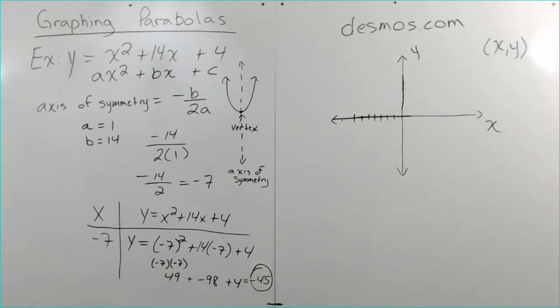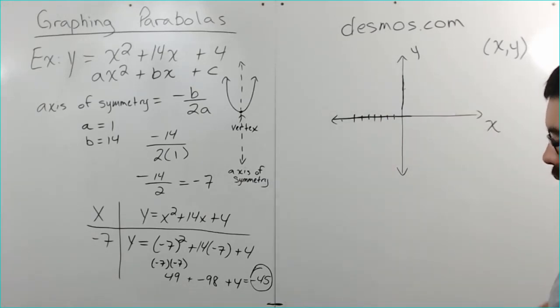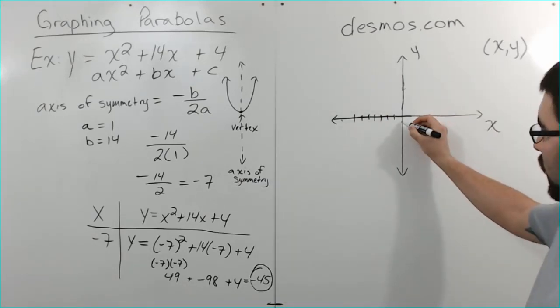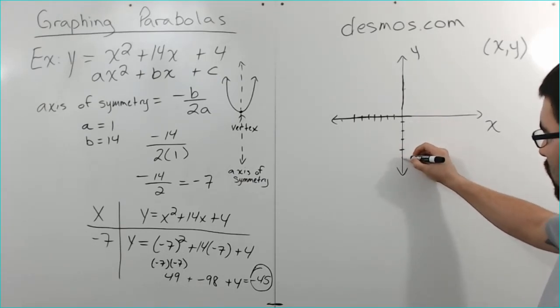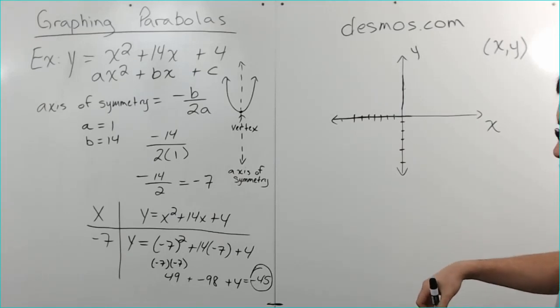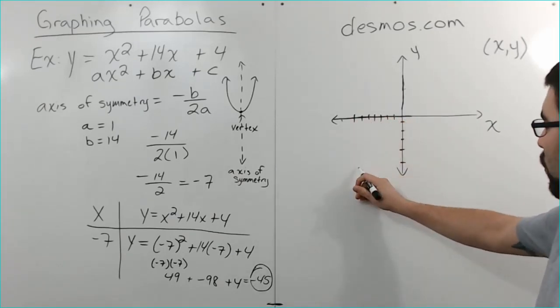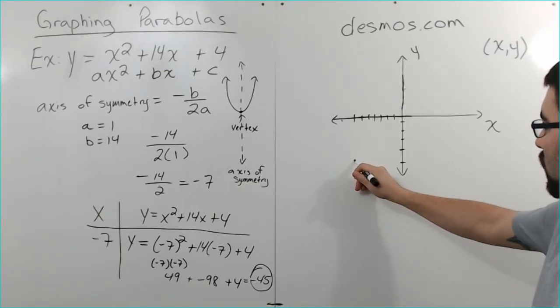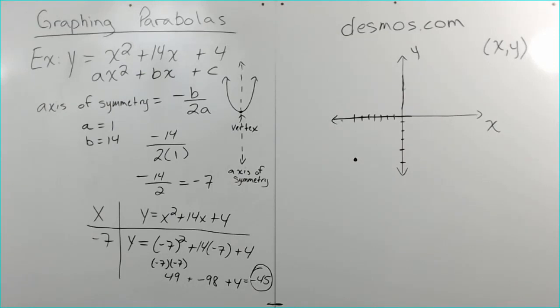That's a pretty big number. So you can't just go down the y counting by ones. I mean, you can, but you're going to need a really big graph. So I'm going to go by tens. Okay, so if I go back negative 7, that's here, and I go down negative 45, that's going to be about right there.